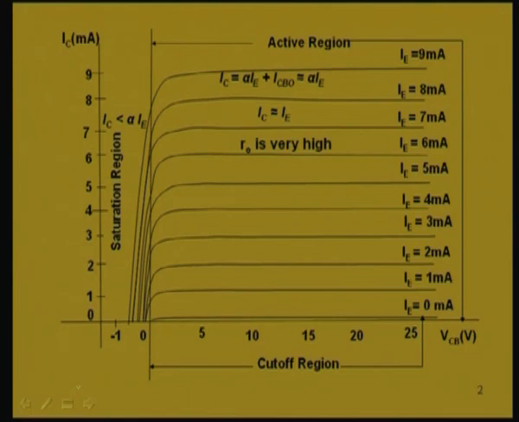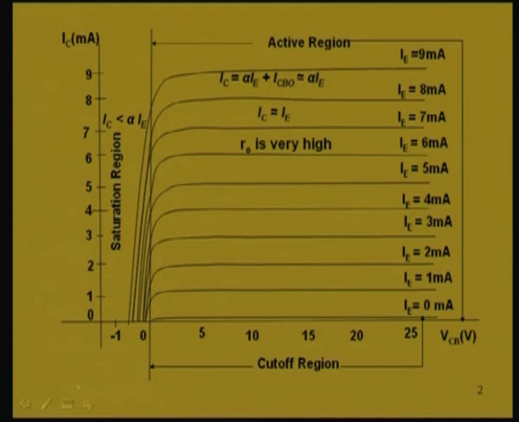So, these three regions are applied for different applications. The saturation and cutoff are basically for switching on or switching off of a transistor. A transistor is operated under normal condition always in the active region.